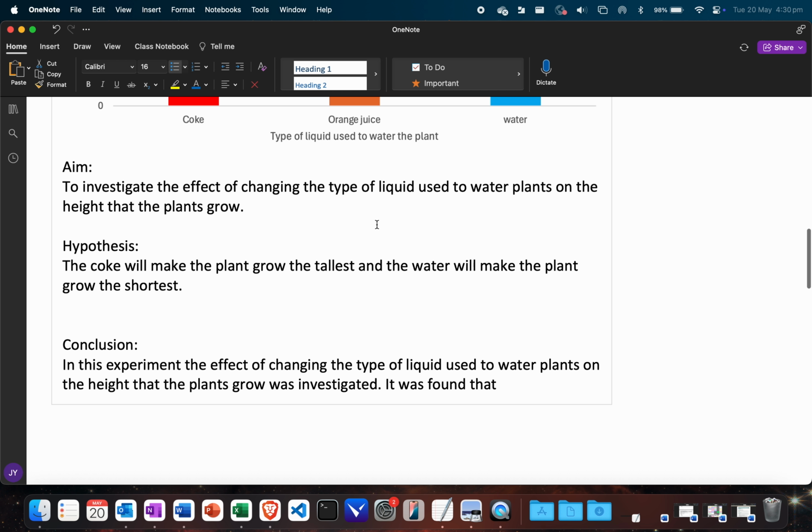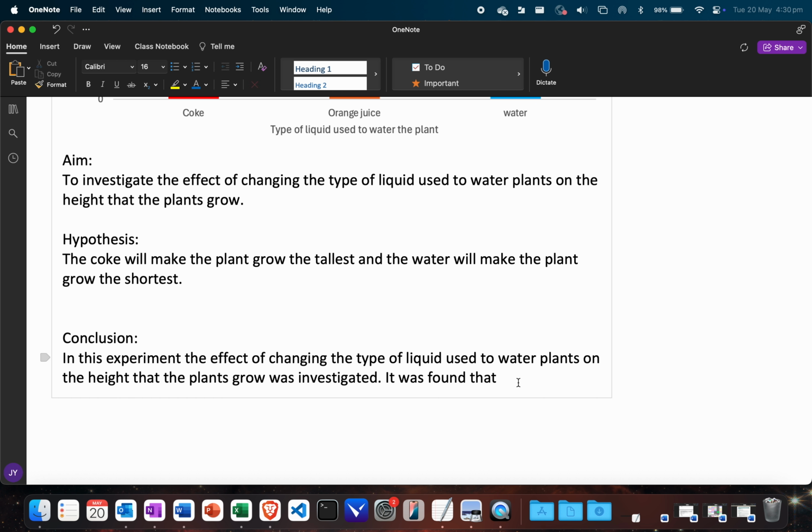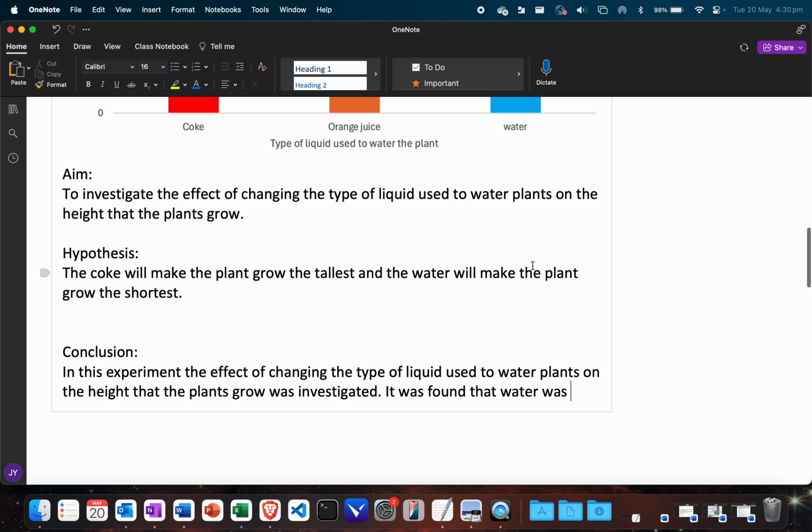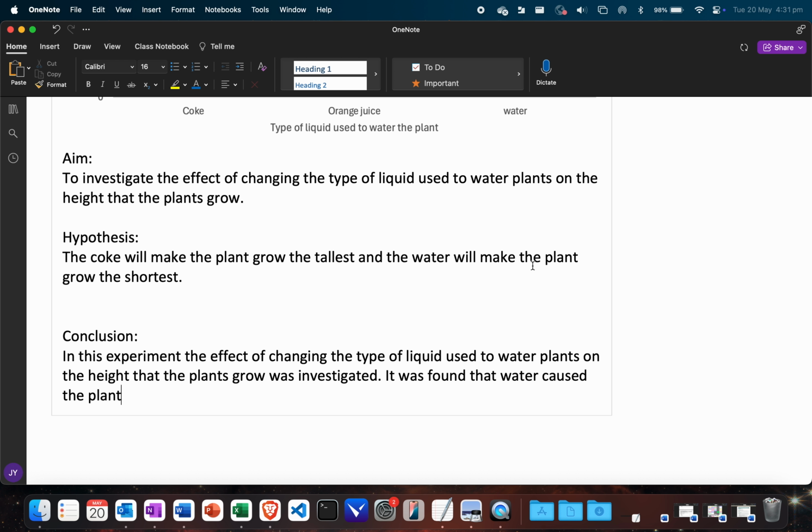It was found that water caused the plant to grow the tallest, while Coke made the plant grow the shortest.